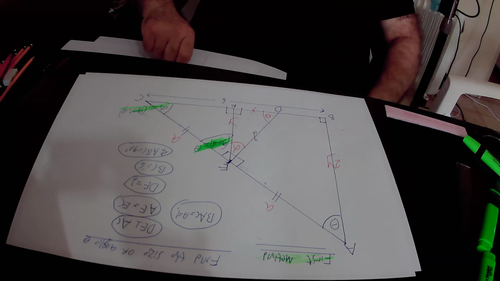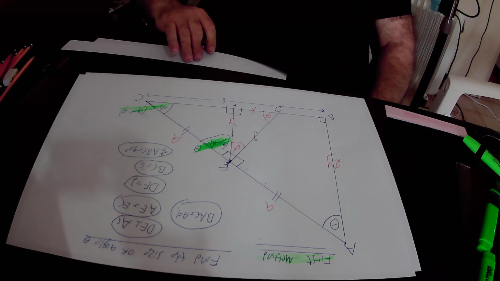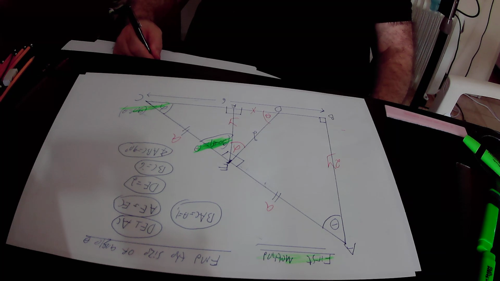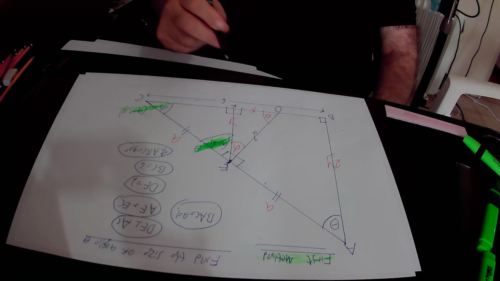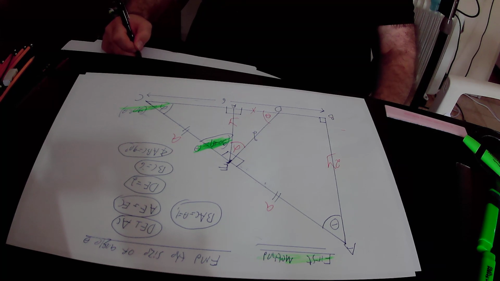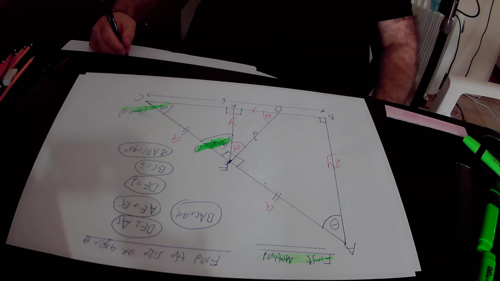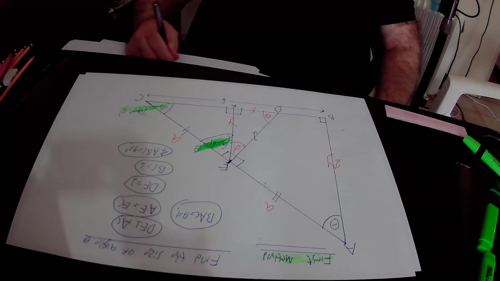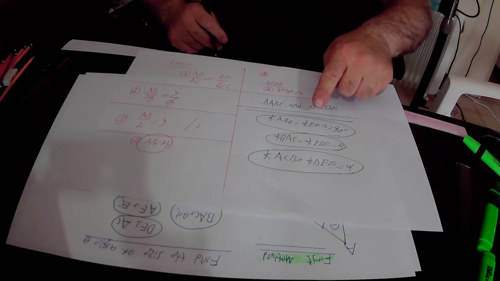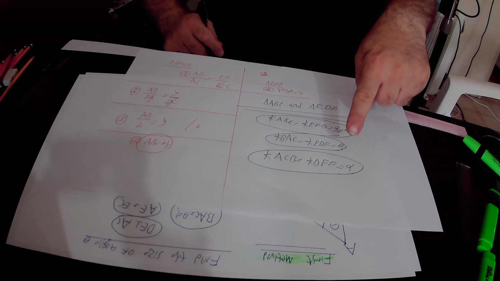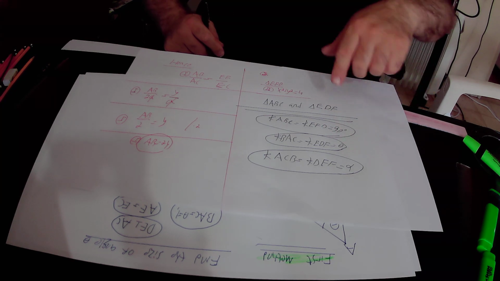So angle ACB in the right big triangle ABC is equal to angle DEF, and they are both equal to alpha.